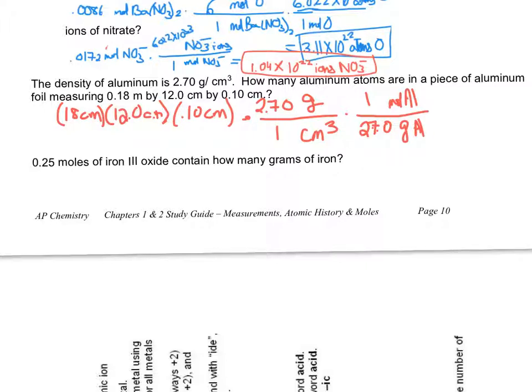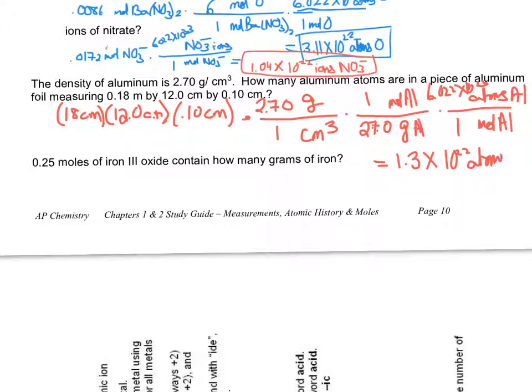I'm looking for atoms, so my last step will be to put moles of aluminum at the bottom, atoms of aluminum on top, and to go from moles to particles of the same substance I use Avogadro's number. So 1 mole and then 6.022 times 10^23 atoms. And altogether, I end up with 1.3 times 10^22 atoms of aluminum.